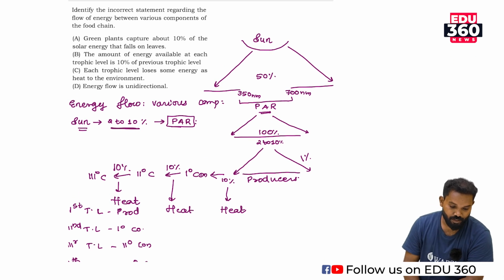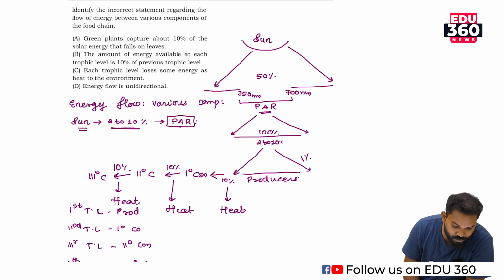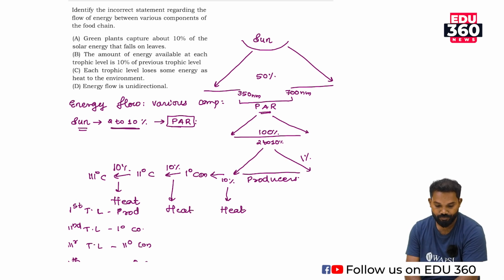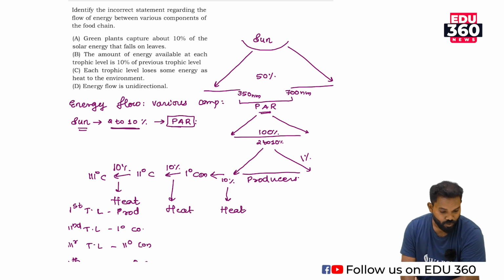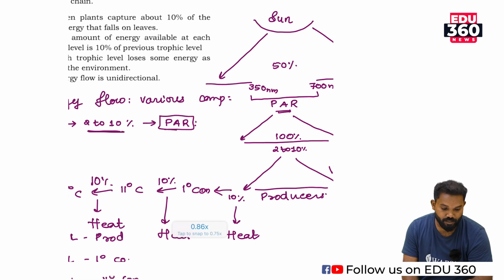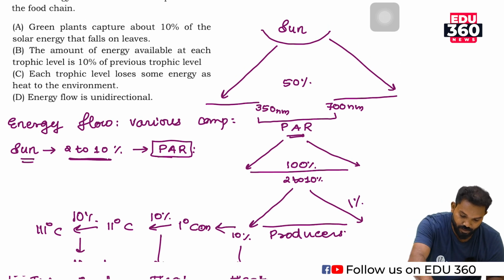But here the question is, which one is the incorrect statement? Green plants capture about 10% of the solar energy that falls on leaves. No. Green plants capture only 1% of the solar energy that falls on the leaves.